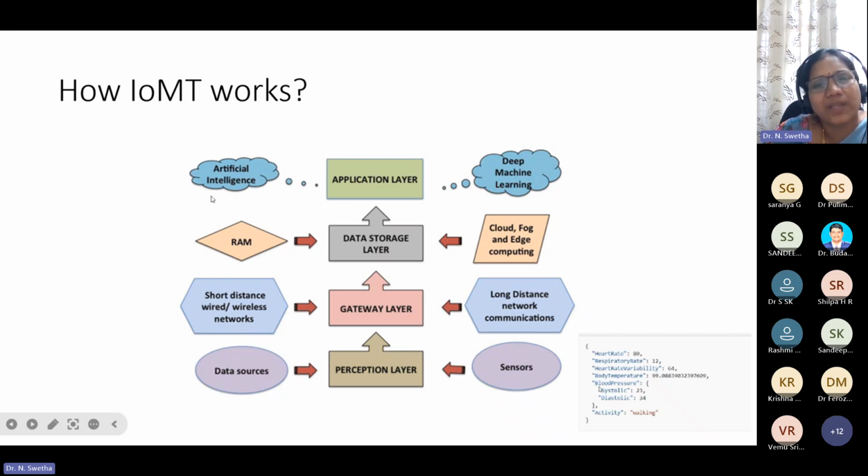So in the application layer, that is what the research people, or even we, used to do research on. Even in industry we do research on this only. You have some real time data, and then you apply some AI technologies, and then you develop a model. But there is a big thing that happens after it.